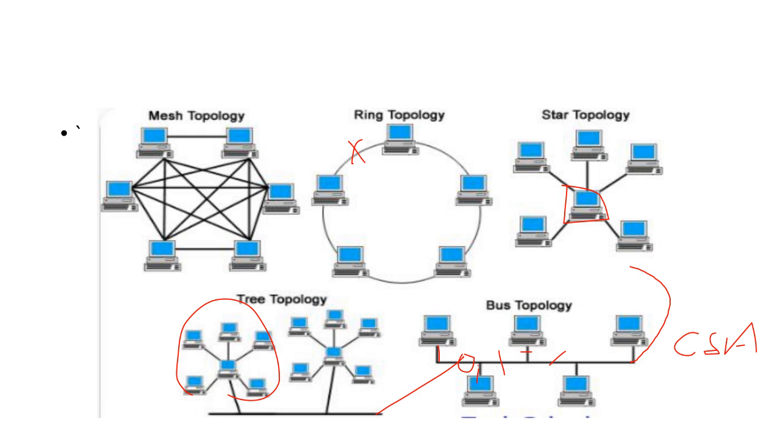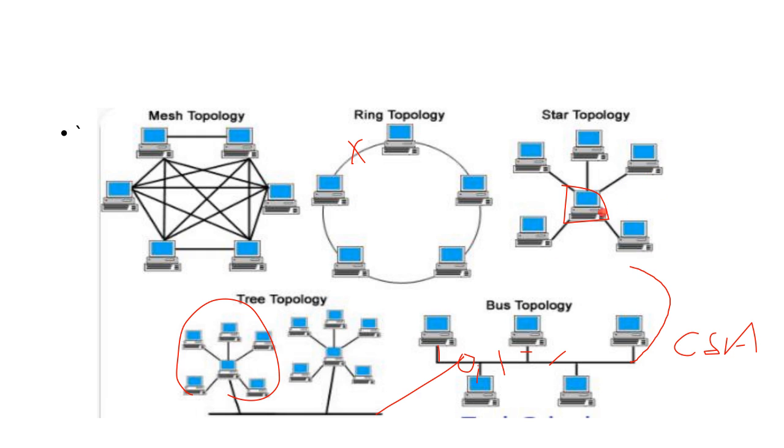Maybe let's also look at some of the advantages of the star topology. Mostly this has been used almost everywhere, in cyber cafes. You usually see that all the computers are connected to a central switch, right? Since they are connected to a central point, it's easier to have control.